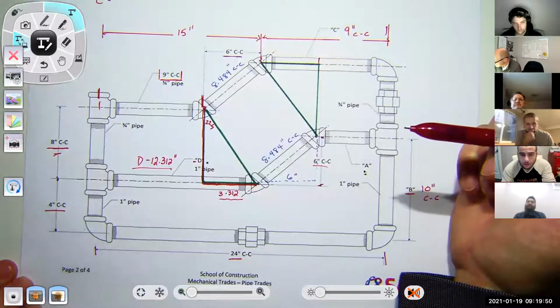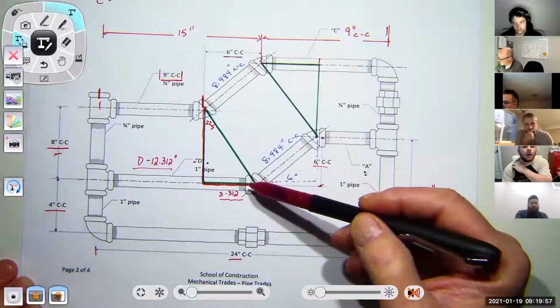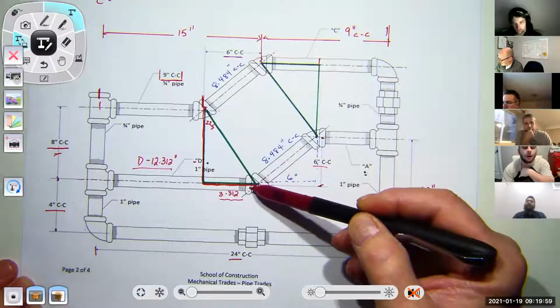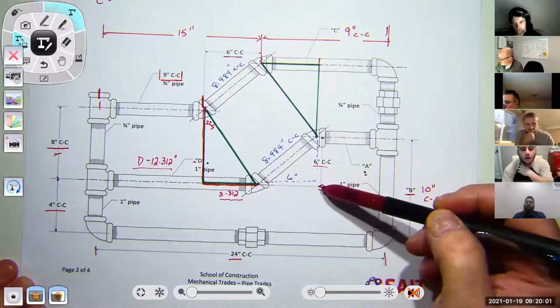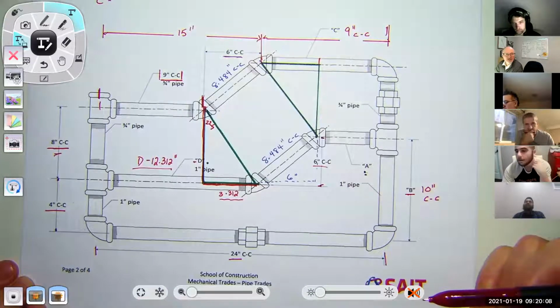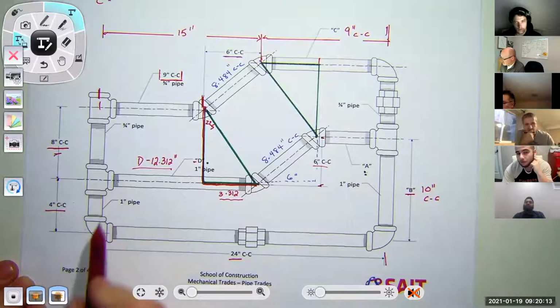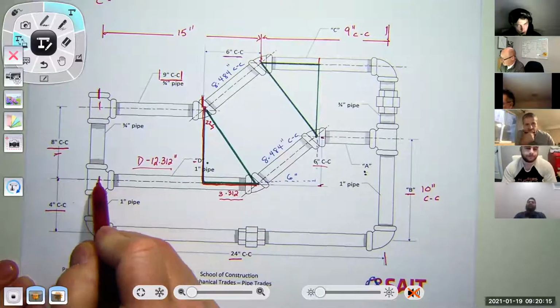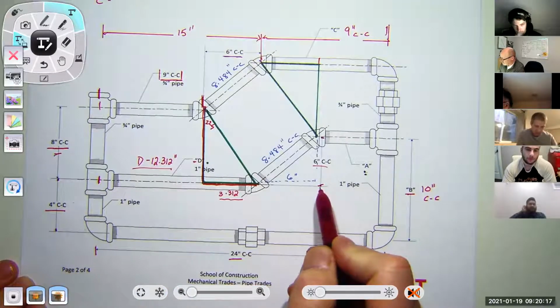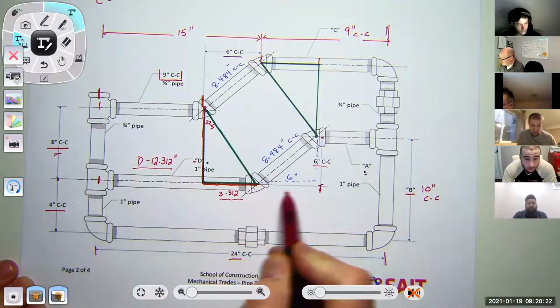8 inches, it's an 8-inch gap, even all the way around, is it not? For pipe A, can't we just subtract pipe D and then that 6-inch for the offset from 24? Sure. We could go D plus 6 and minus it off of the 24. That's correct. So does everybody see that? I have this measurement right here, all the way to here. I got 12 plus 6.